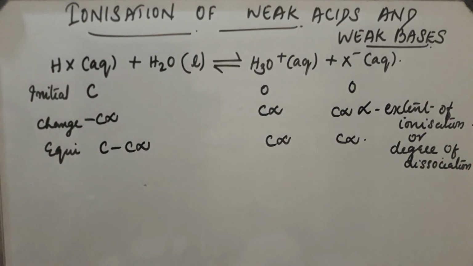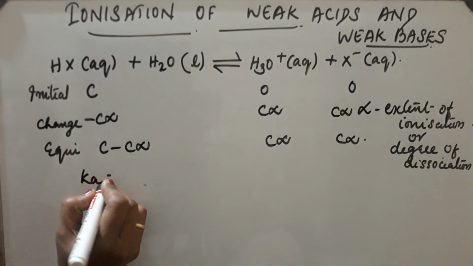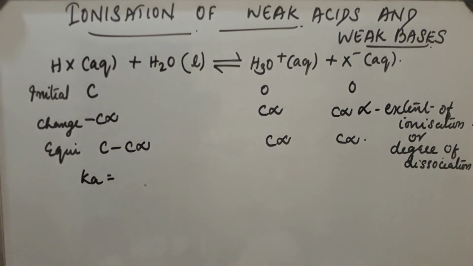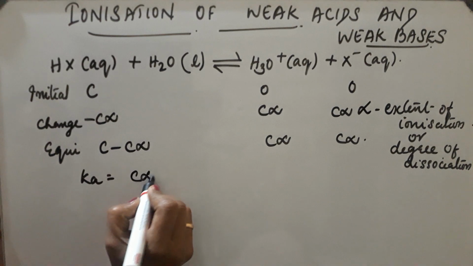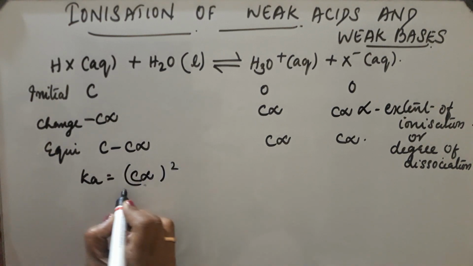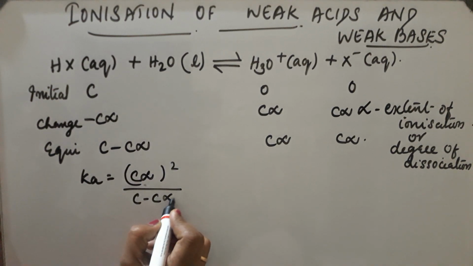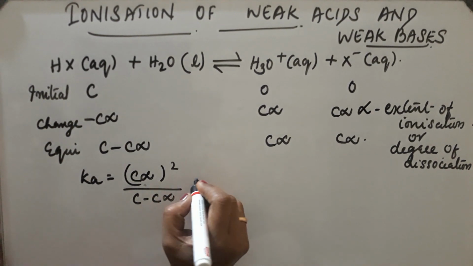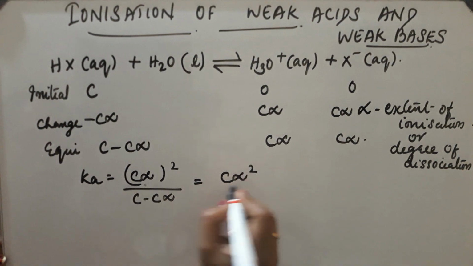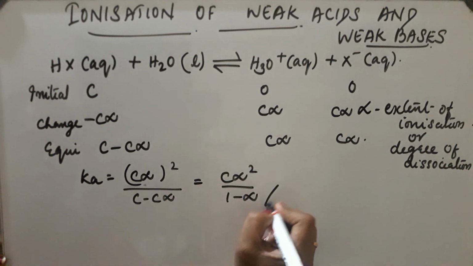Now we know Ka. Ka is the equilibrium constant. So equilibrium constant will be equal to the products, C alpha into C alpha, so C alpha square by C minus C alpha. This is the concentration of reactant. Now this will be equal to C alpha square by 1 minus alpha.